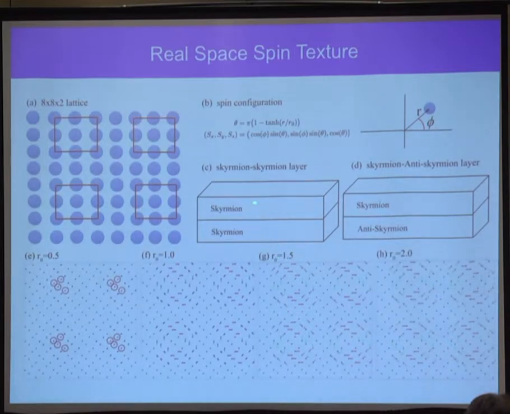So you can find for the Skyrmion layer, you do get 2D-like behavior, but for the Skyrmion anti-Skyrmion, you get the layer structure, and we are trying to think of the relation to the magnetic silicide. And this is a really real space calculation, and for effective modeling, we are still in a reasonable time to get the results.